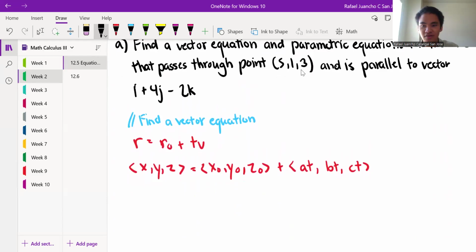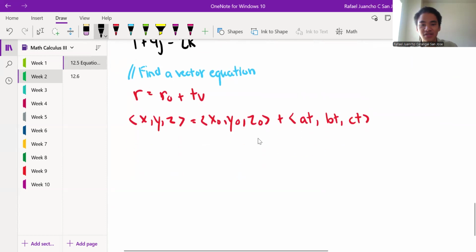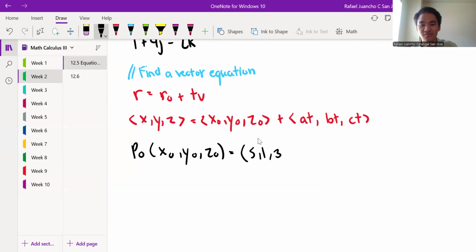So here we're saying 5, 1, 3 is this. at, bt, ct is this vector here, right? So our initial point, which has x naught, y naught, z naught, is actually just 5, 1, 3.